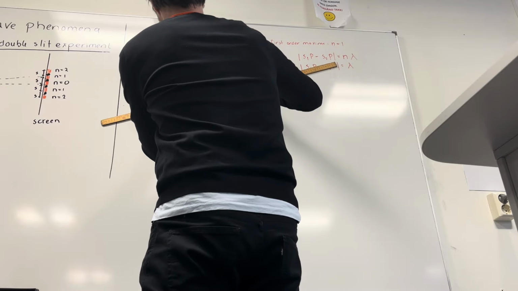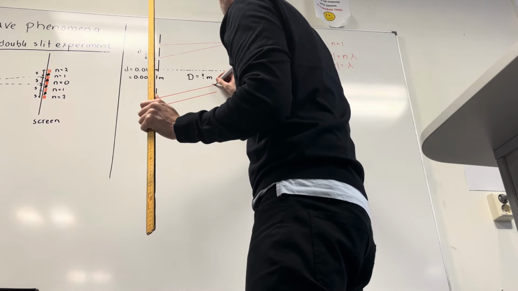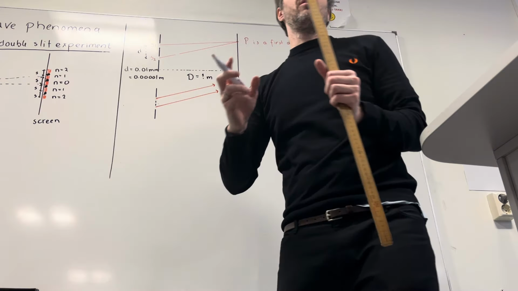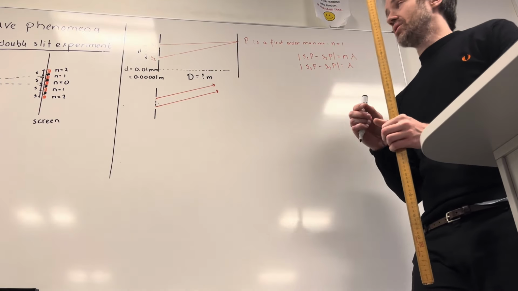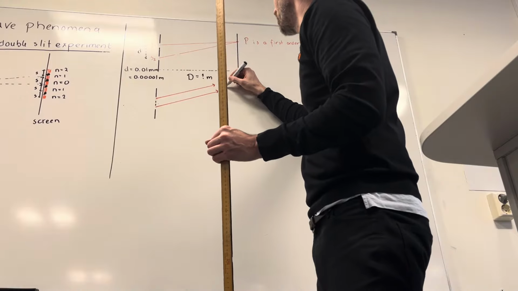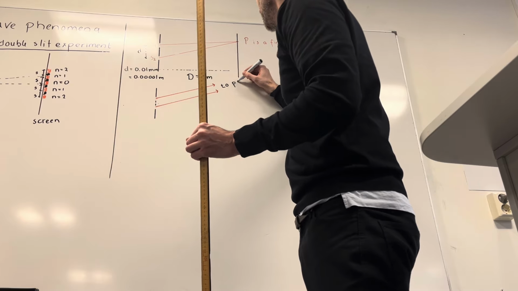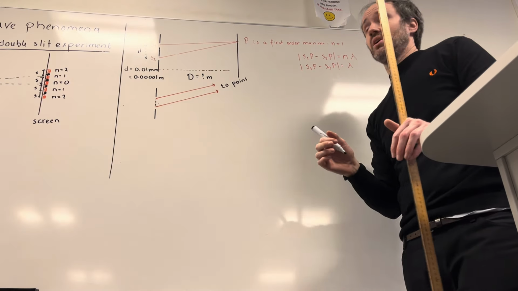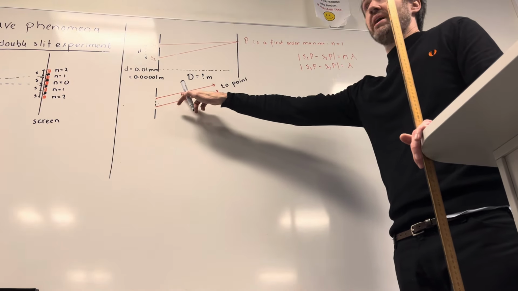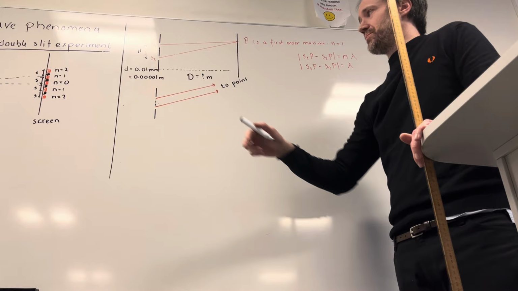So they're almost parallel, but they're going to the same point, right here, point P. Now it's really zoomed in though. And this one is a bit shorter than this one.